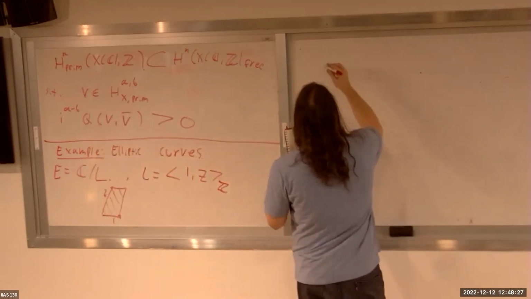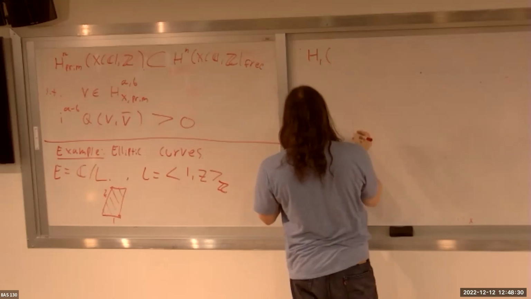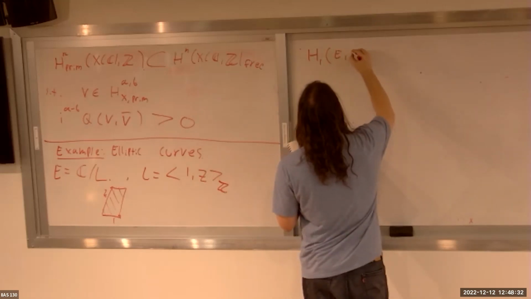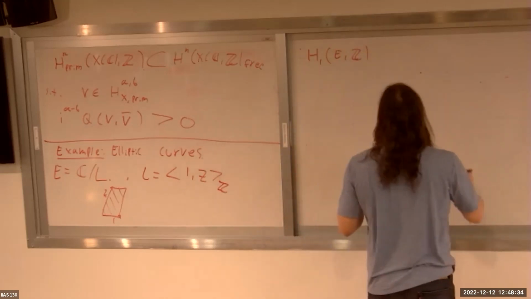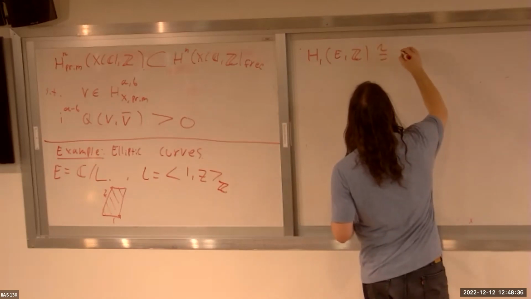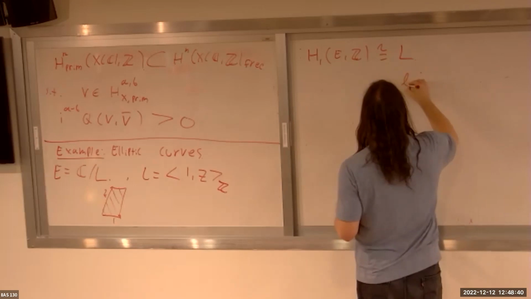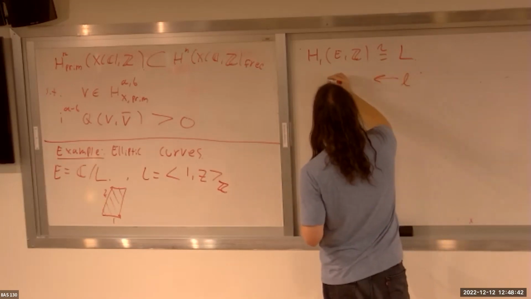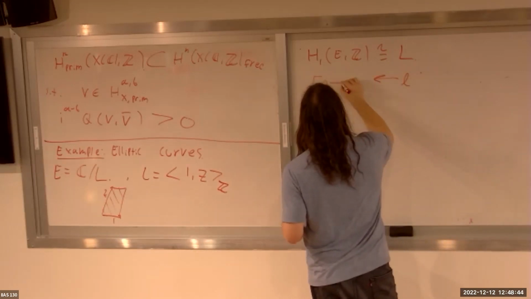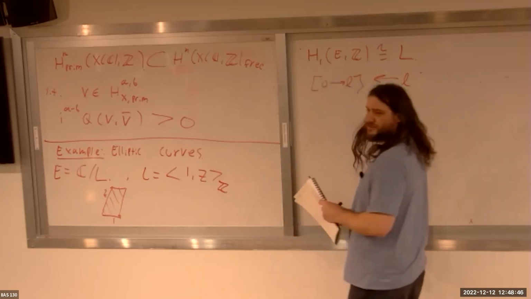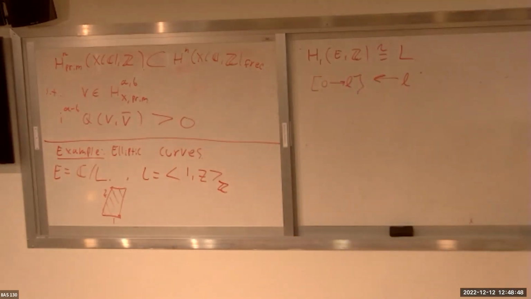Okay, so then the homology of E with Z coefficients has no torsion in this case. It's naturally isomorphic to L, where the isomorphism just sends an element of L to the path from 0 to L, descended down to the elliptic curve.